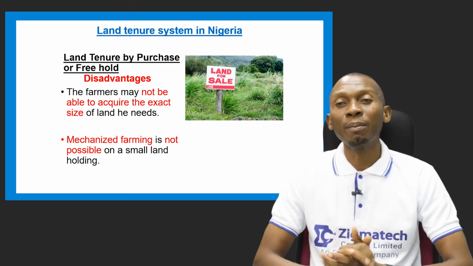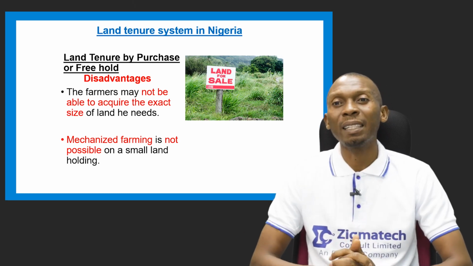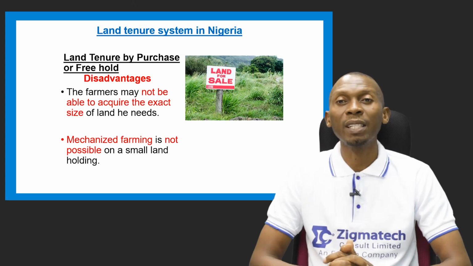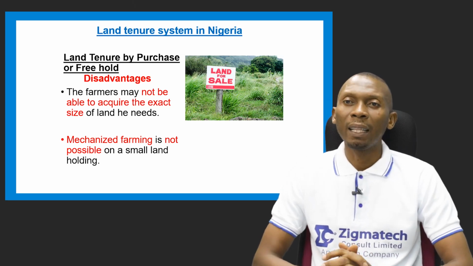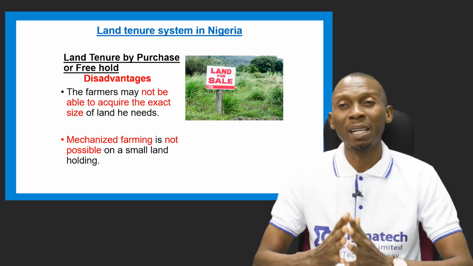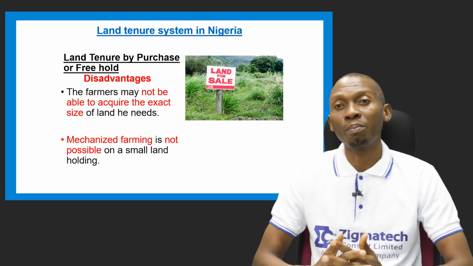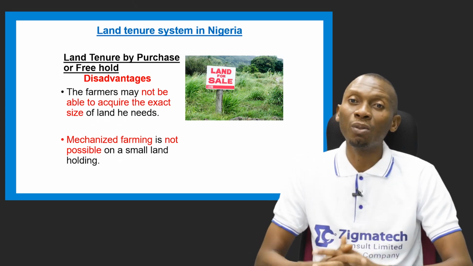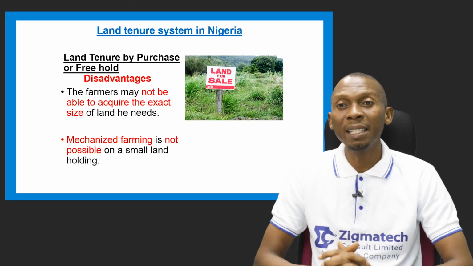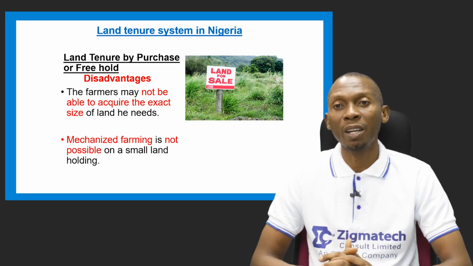The farmer may not be able to acquire the exact size of land that he needs. That's another disadvantage. He may need quite a large portion of land, and he may not be able to acquire exactly the size he needs for his agricultural engagement.